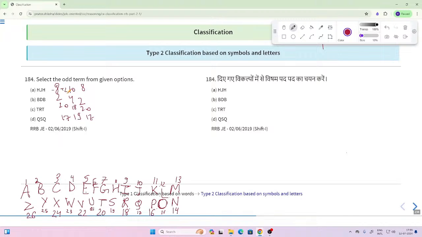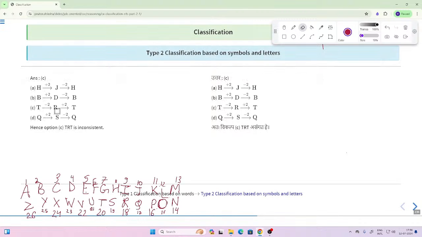So I have plus 2, plus 2, minus 2, plus 2. Yeah, so clearly here TRT is the incorrect choice. It's the only one in which the pattern causes the number to decrease, then increase, instead of plus 2, plus 2, plus 2, then minus 2. It's going minus 2 then plus 2, as you can see here.